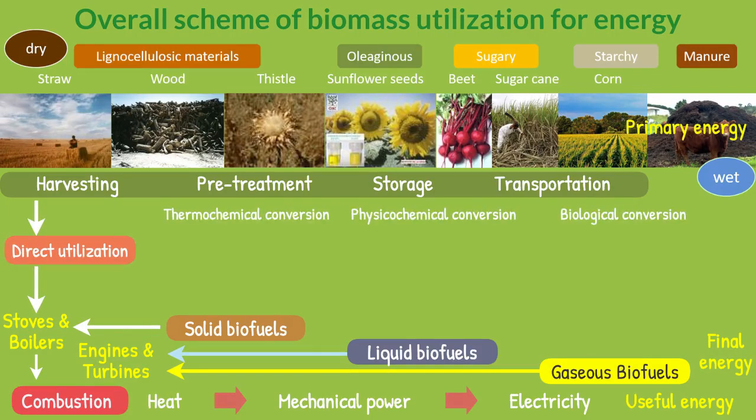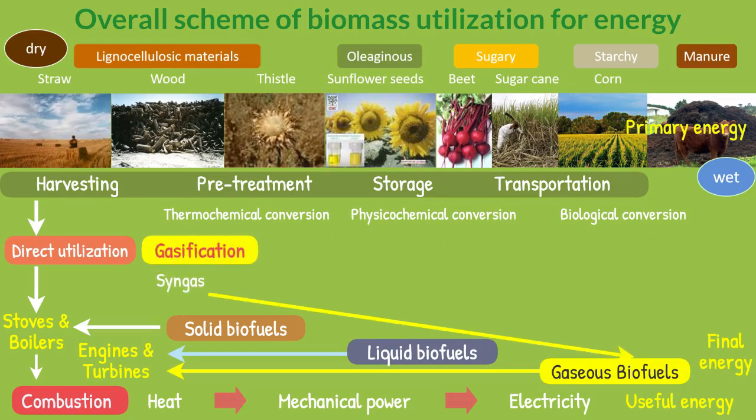Transformation technologies can be thermochemical, physicochemical, or biological processes. Gasification converts solid lignocellulosic biomass into synthetic gas or syngas, which can be burned in a turbine or internal combustion engine. Anaerobic digestion is a biological process that converts wet biomass into biogas.